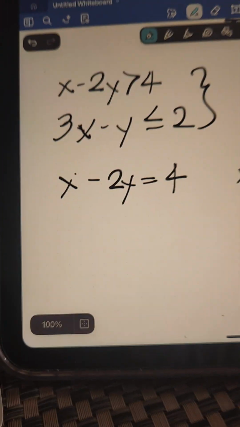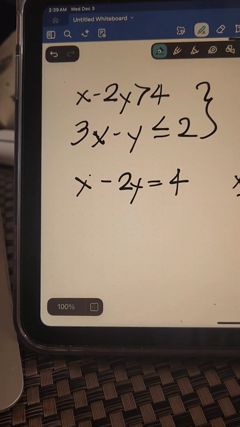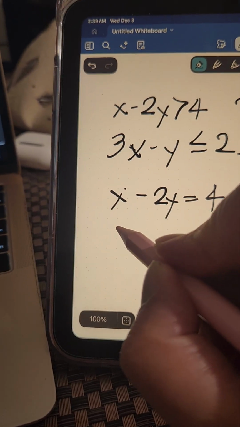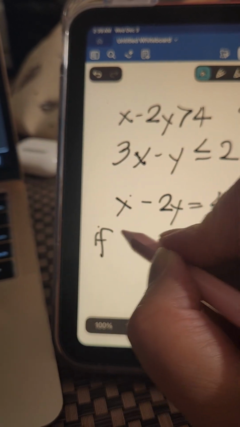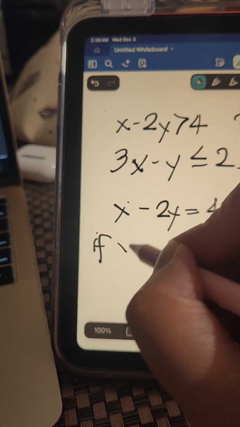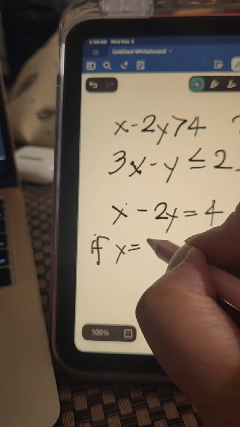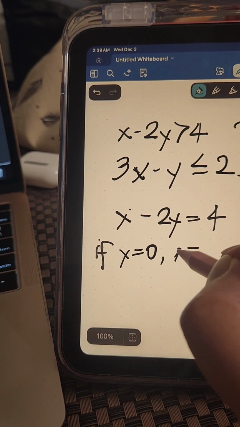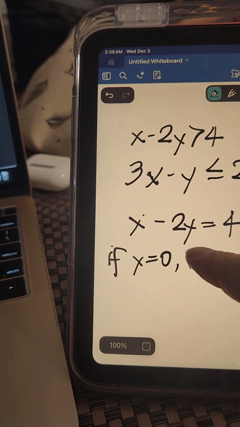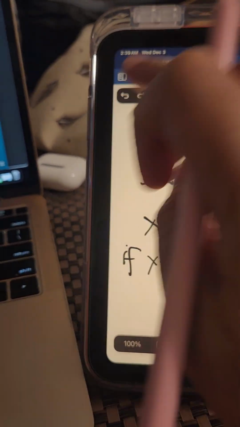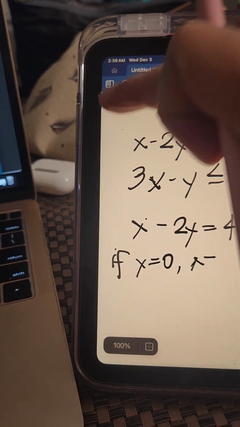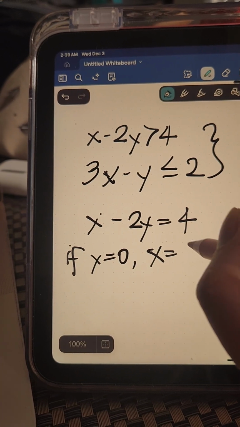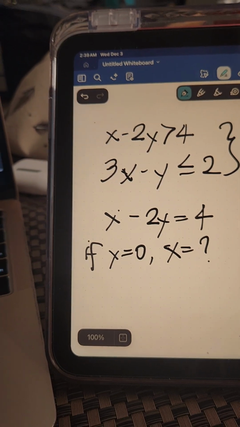Okay, so ibig sabihin, mag-a-assign muna tayo ng values dun sa x and y. Let's say for example, if y, assign muna tayo ng value sa y is 0. Okay, so what is the x intercept? So ano yung value ni x?